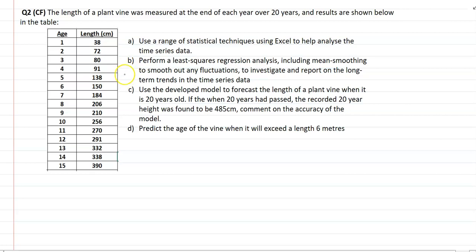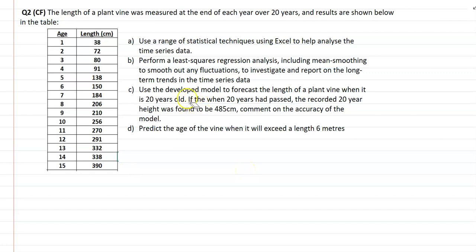B, perform a least squares regression analysis. Include mean smoothing to smooth out any fluctuations, to investigate and report on the long-term trends in the time series data. Then you have to use the developed model to forecast the length of the plant vine when it's 20 years old, 5 years into the future.